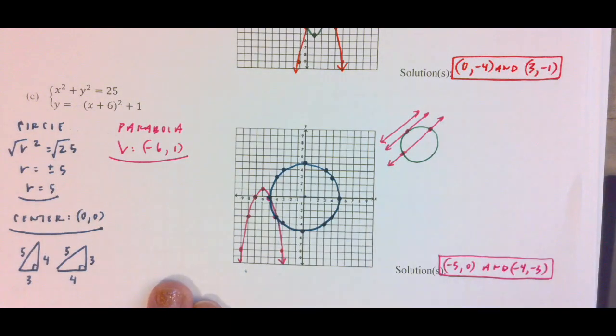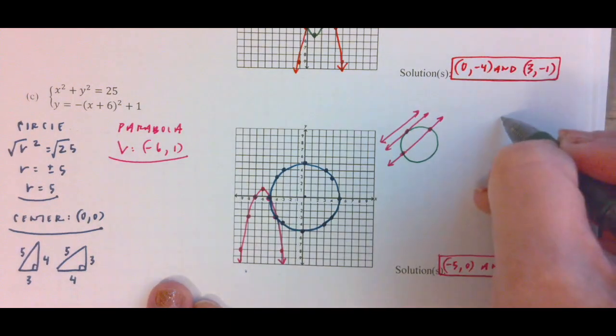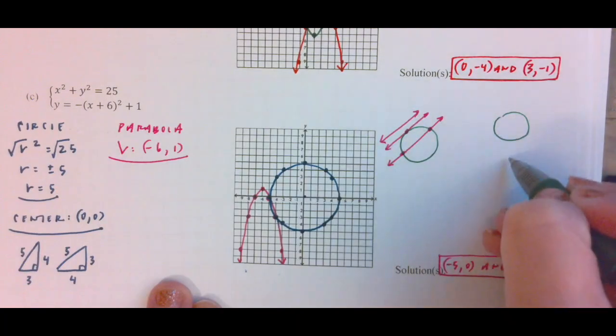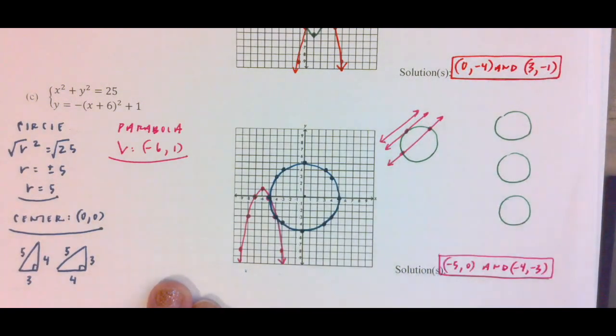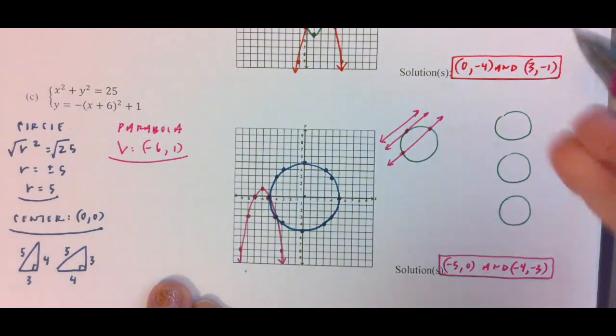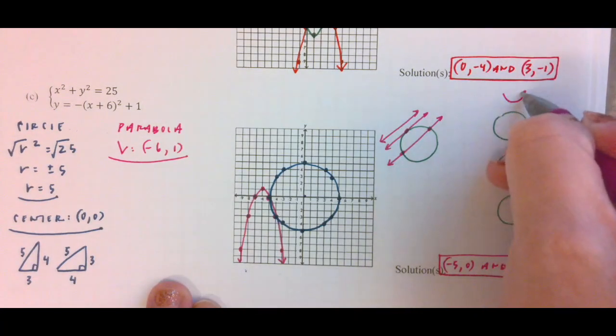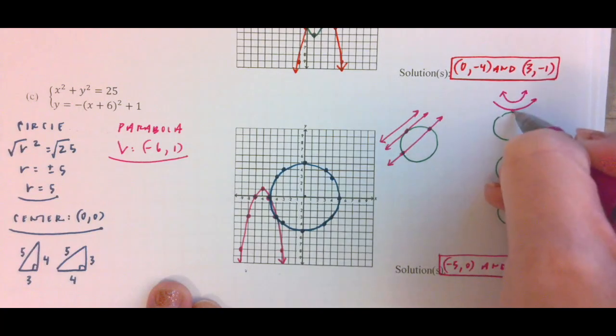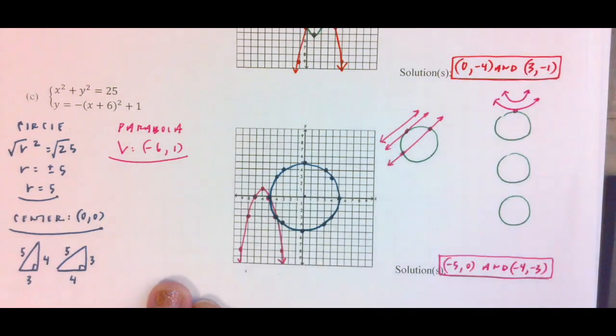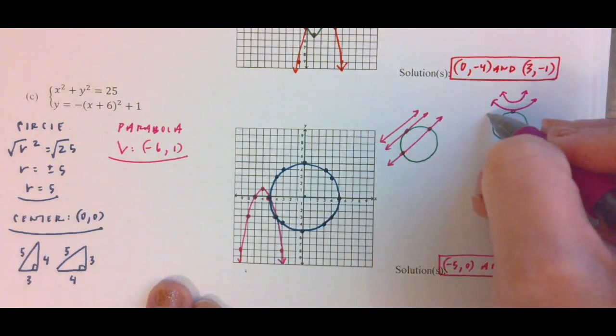Let's say that I'm looking at a circle and a parabola. Let me give myself a couple of circles to build off of. I could, of course, have no intersections. I could make contact in 1 spot right there. I could have 1 point of intersection. I could have 2 intersections.